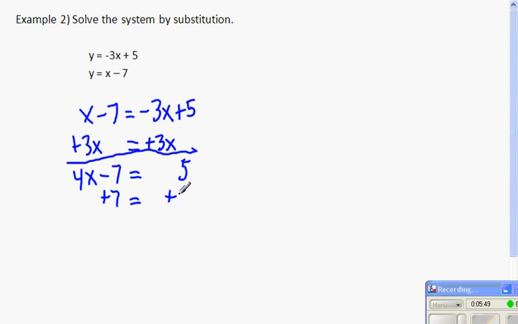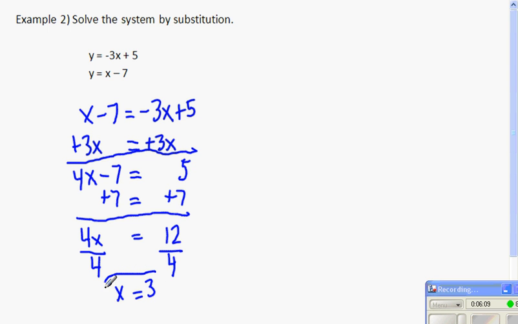To get your variable alone, we need to add 7. We drop down our 4x equals 12. To get x alone, divide by 4. And we come up with x equals 3.